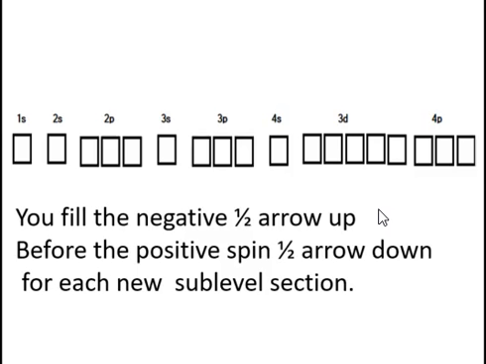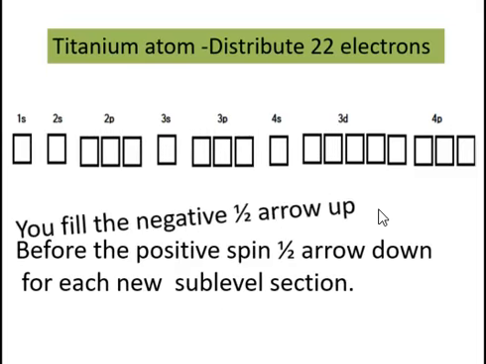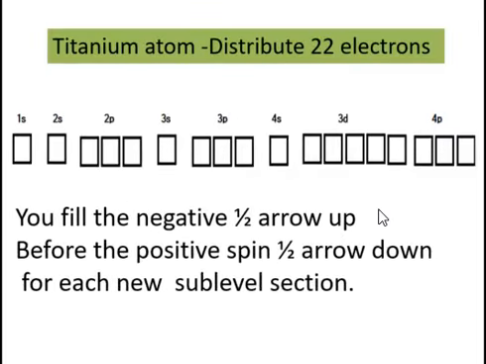So let's do the box notation for titanium. We'll need to distribute 22 electrons. So remember, you fill the negative electron first before filling the positive electron. 1, 2, 3, 4, 5, 6, 7, 8, 9, 10, 11, 12, 13, 14, 15, 16, 17, 18, 19, 20, 21, 22. 22 electrons.